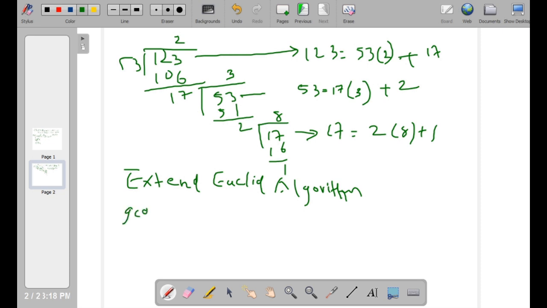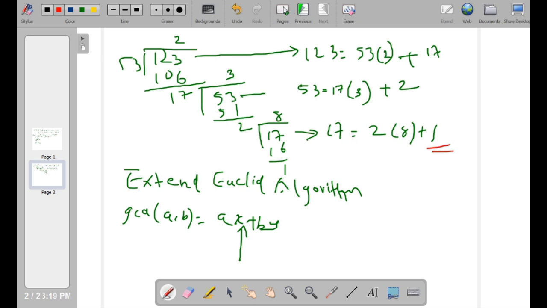We know GCD of a comma b can be represented as ax plus by, and here this x is the multiplicative inverse of a. Let us try to write GCD of 53 comma 123 in this form. From this equation we will get 1 equal to 17 minus 2 into 8.